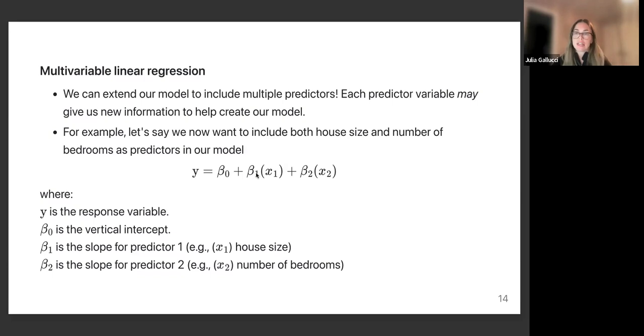So for example, let's say it's house size, and this tells us how much house price changes per each additional unit increase in house size, holding the second variable, number of bedrooms, constant. And then we also have this beta 2, and this is the slope for the second predictor, number of bedrooms. And this is telling us how much house price changes with each additional bedroom, holding the house size constant.